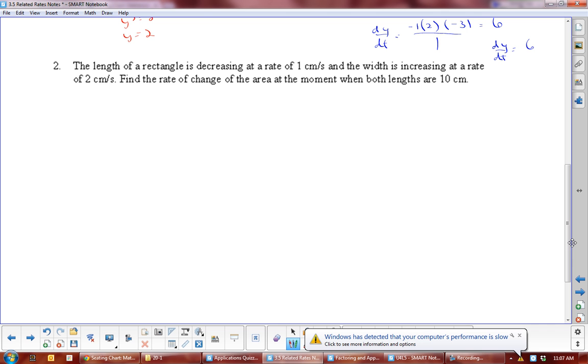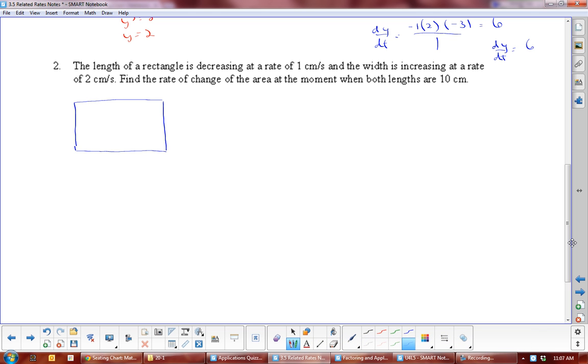Now, let's first draw a diagram. Okay, let's call this length and this width. So what's happening here?